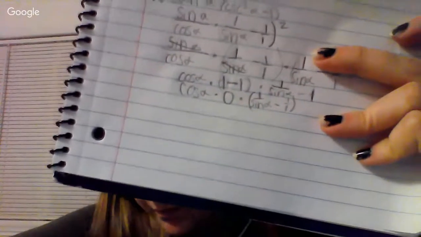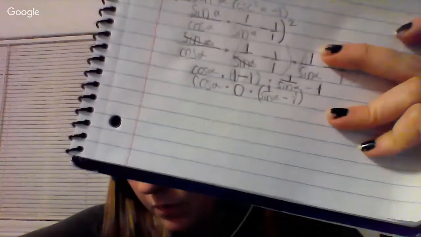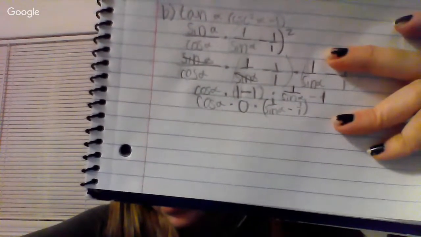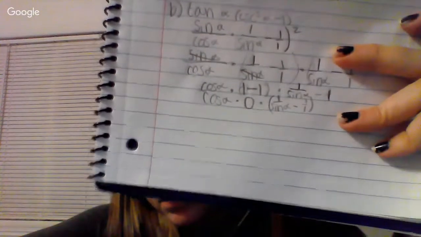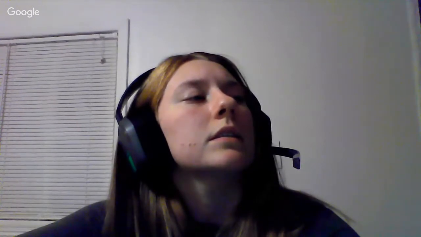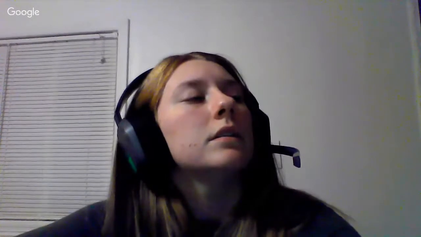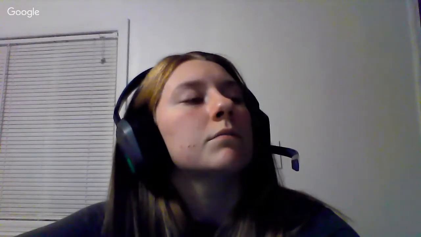That would become a 1. It wouldn't become a 0. Because it's the same thing as sine of x over sine of x equals 1. When you're crossing it out, or sine of A, if you went ahead and multiplied the whole thing out and then took them out, it would be the same thing as multiplying by 1.